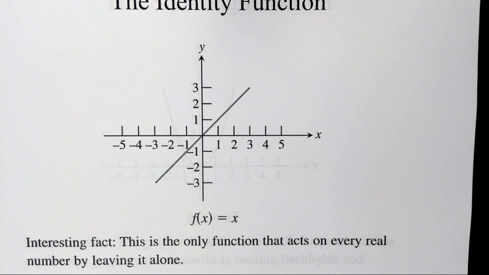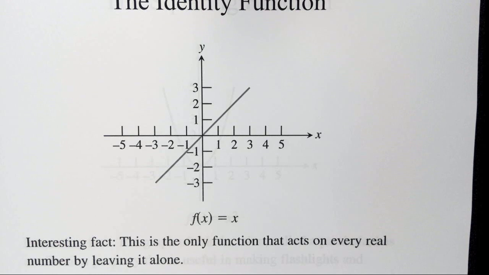Whatever you put in comes out. If x is 7, y is 7. If x is -10, then y is -10. What is it graph? A line. What is the domain of a line? All real numbers. What is the range of the line? All real numbers.